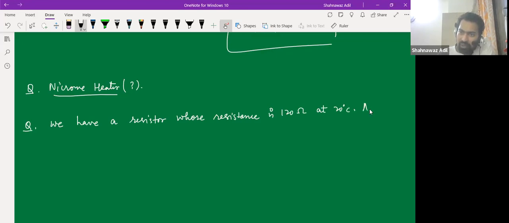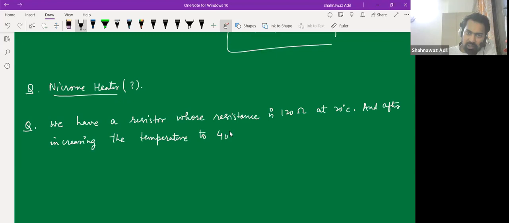And after increasing the temperature to 40 degrees, the resistance has become, let's say, 200. So find the temperature coefficient.